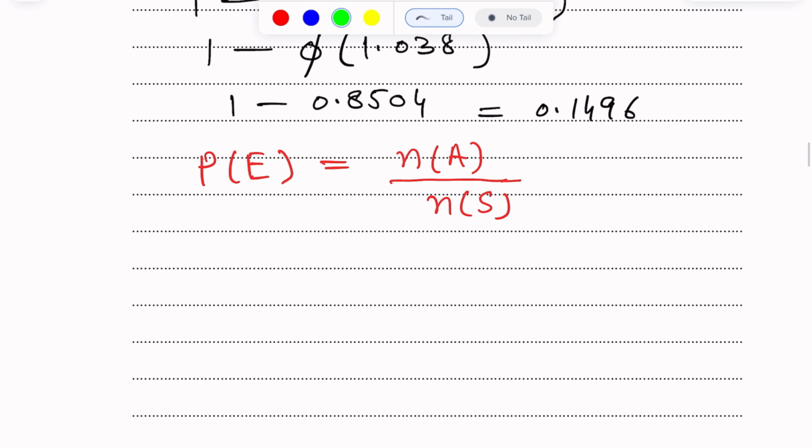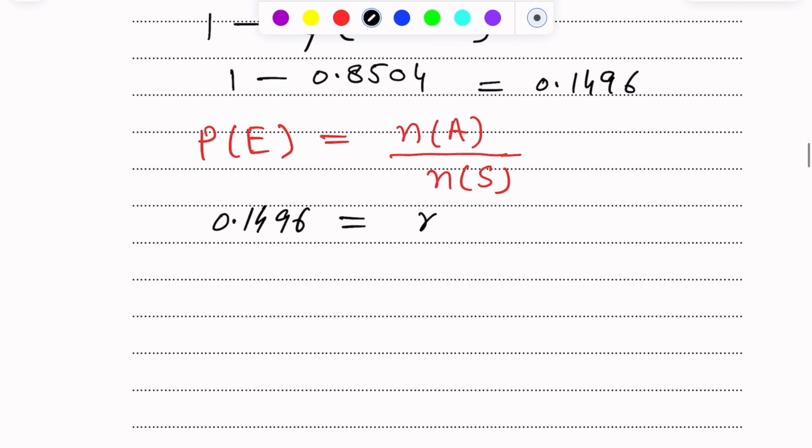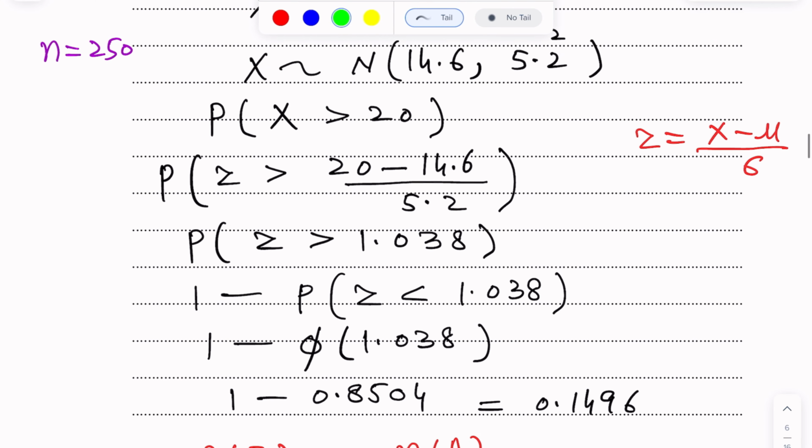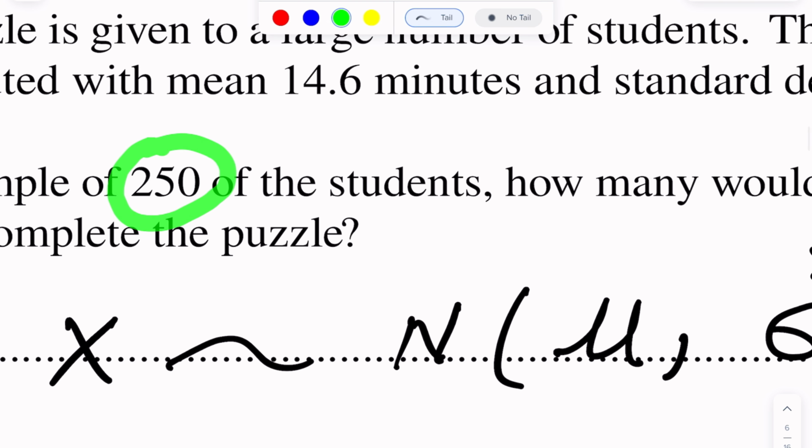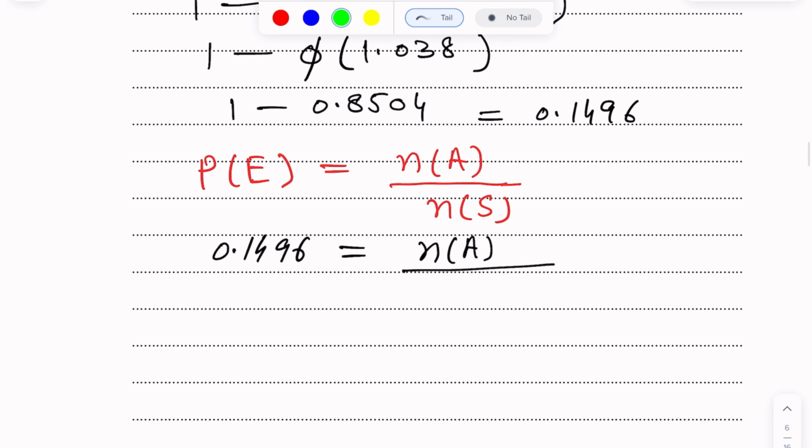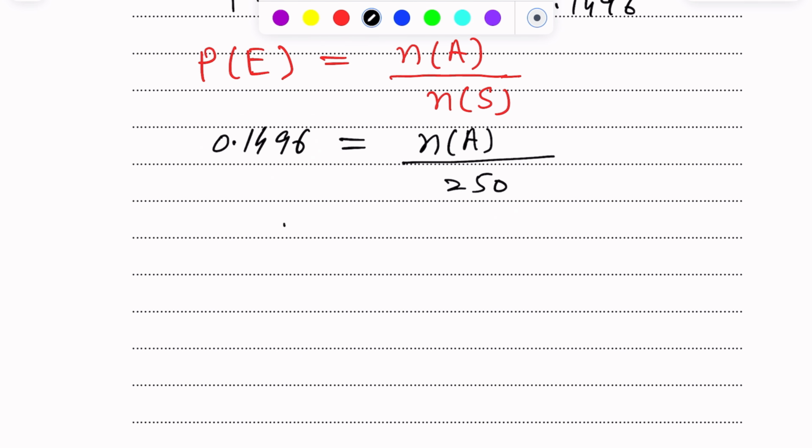The probability we just found is 0.1496, equal to NA over N, where N is the total number of students, that is 250. By cross multiplying, NA is 250 times 0.1496.